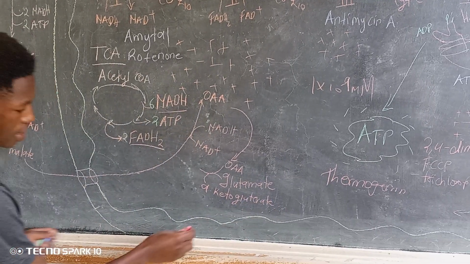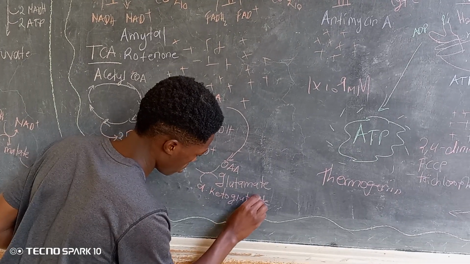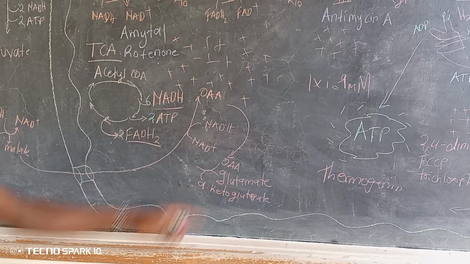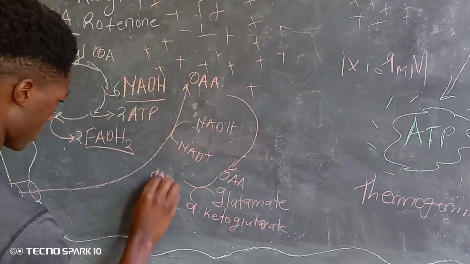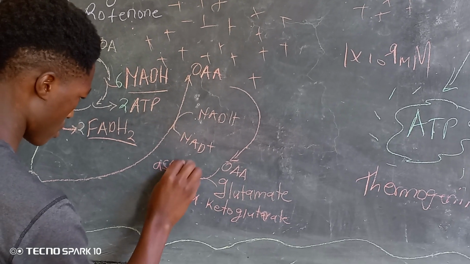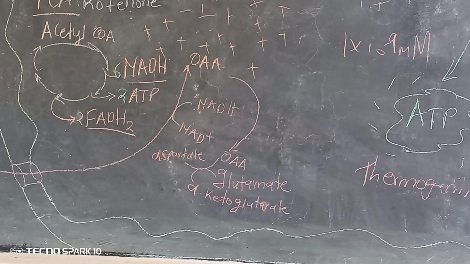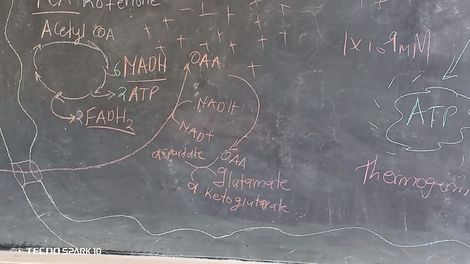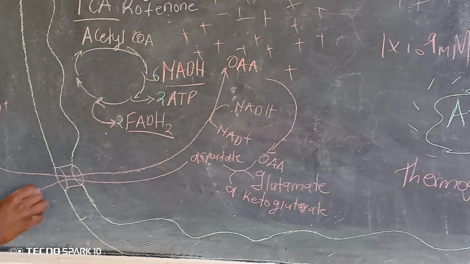Then oxaloacetate is going to be converted to aspartate. Now, aspartate can get back into the cytosol.